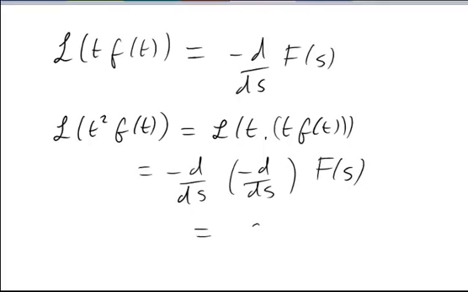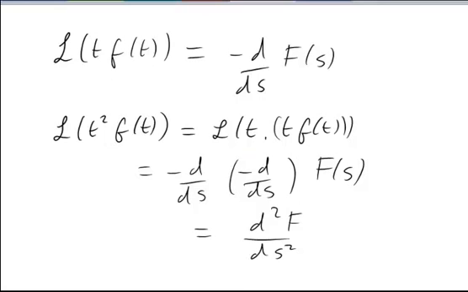Altogether that makes plus d2F by ds squared. In fact, for each multiple of t, we have to include an extra negative and an extra differentiation.